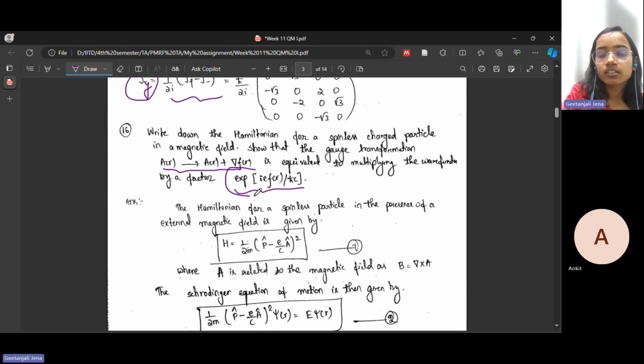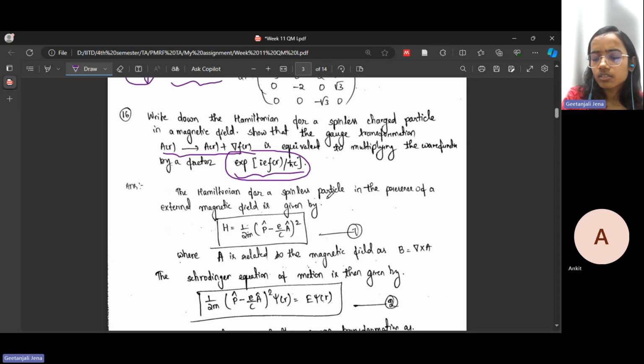So you can relate the initial and final wave function by means of a phase factor. Okay. So the Hamiltonian.